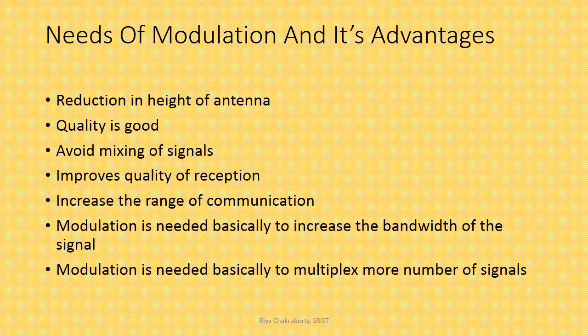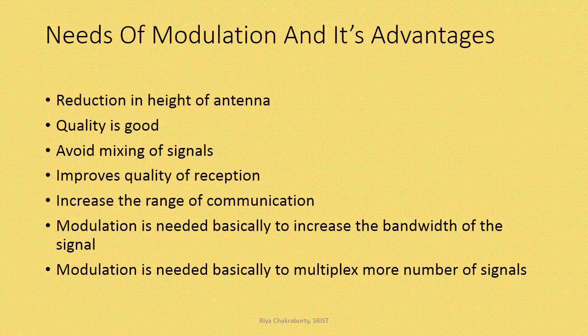Now, the next part is the needs of modulation or its advantages. Sometimes baseband transmission has many limitations which can be overcome using modulation. Its quality is good, it increases the range of communication, and it also avoids mixing of signals.